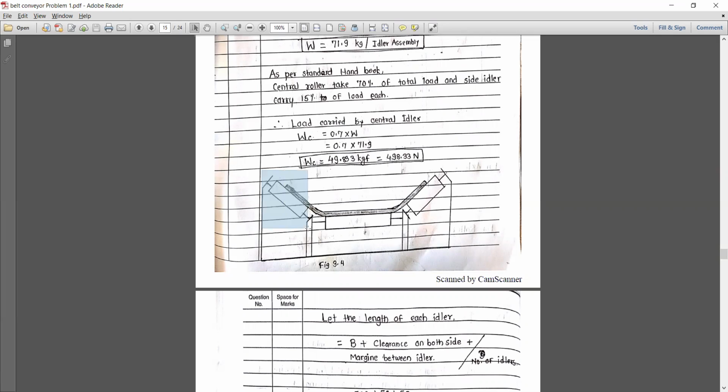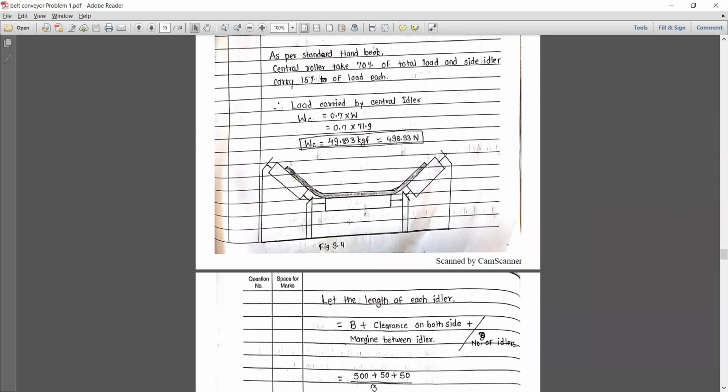The left idler takes 15%, the central idler takes 70%, and the right side idler again takes 15%. Now, the load carried by the central idler is the maximum of the three, so we can design only that idler, and the same idler can be used in the other positions, as it can easily withstand the minor load.